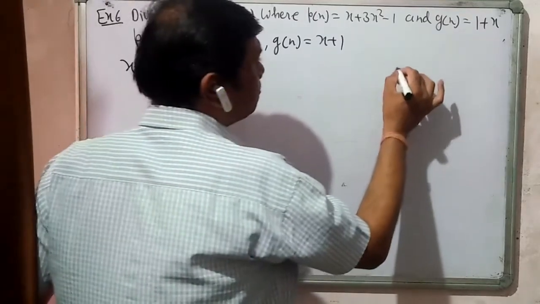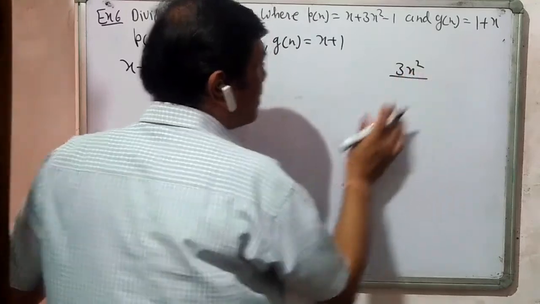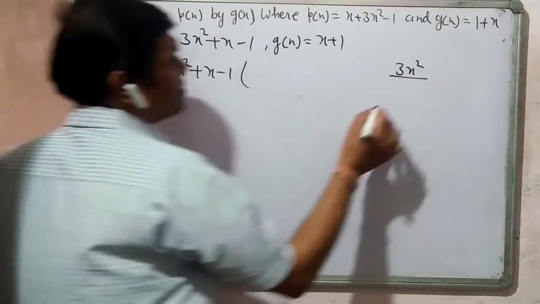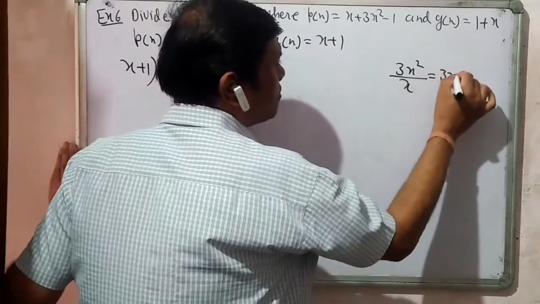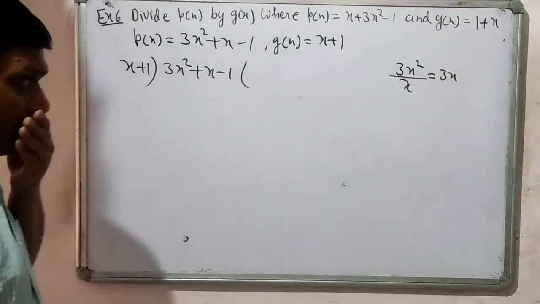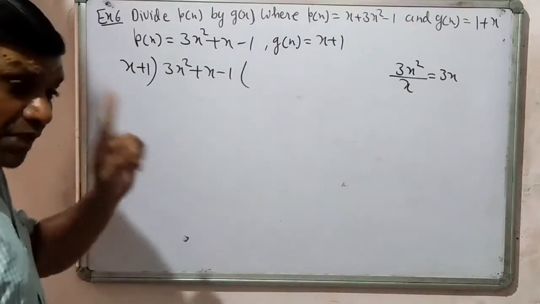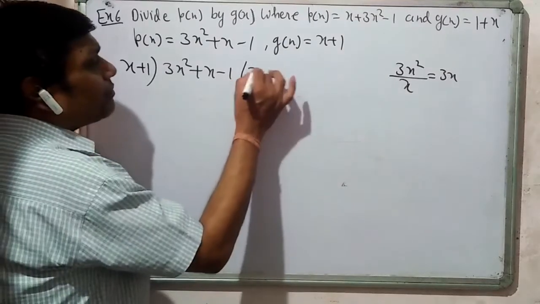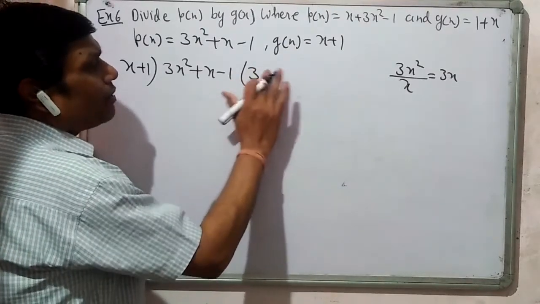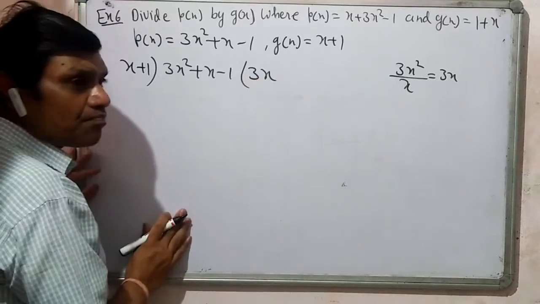So in the rough work, what we do is 3x square divided by x. What we get is 3x. So this 3x is the first term of the quotient.